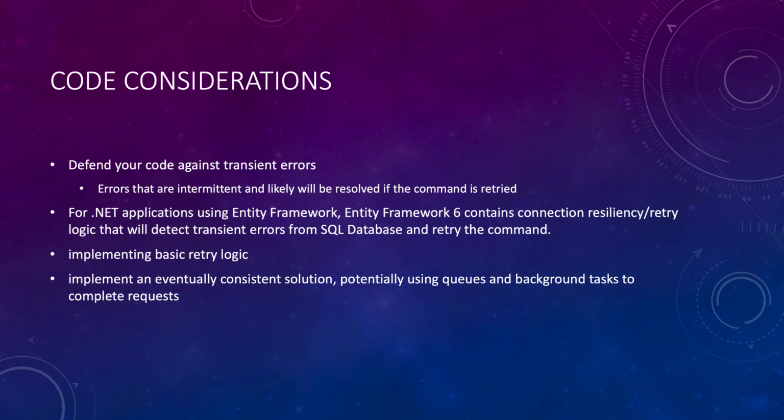It may also be worth considering breaking read and write operations across separate databases, potentially using the active geo-replication feature in the SQL database to replicate operations on the write database to the read database.